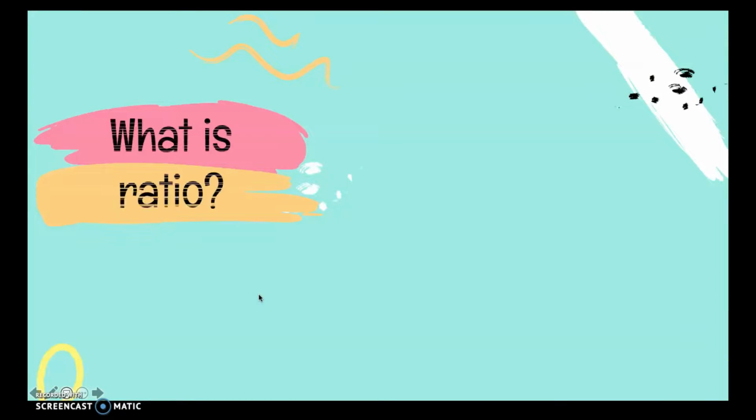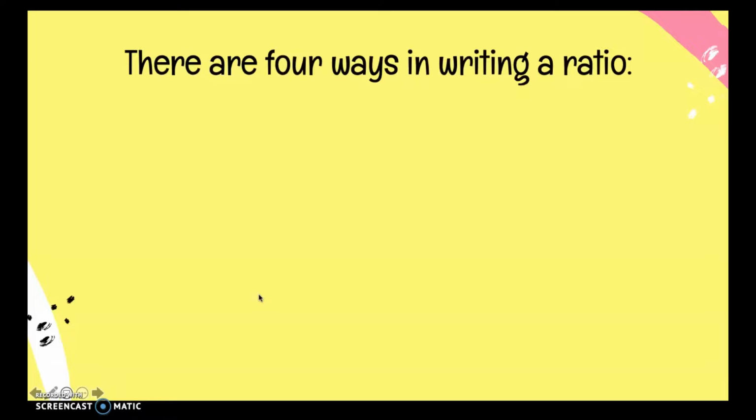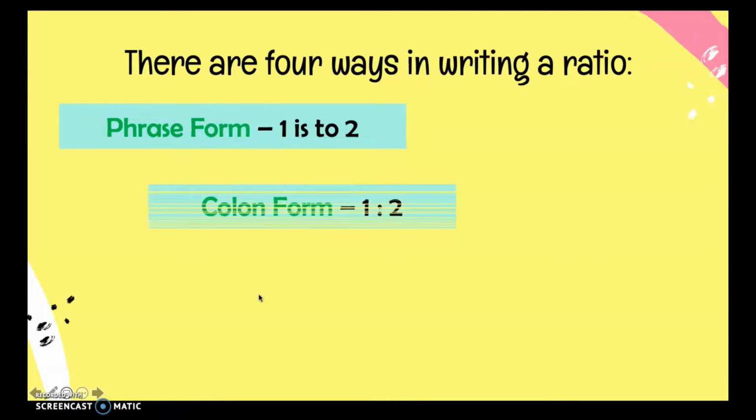Now let's define what is ratio. Ratio is a comparison between two or more quantities and shows how their values relate to each other. Now there are four ways in writing a ratio. It can be in phrase form, which you can say 1 to 2. In colon form, we have 1:2, or this can be read as 1 to 2.